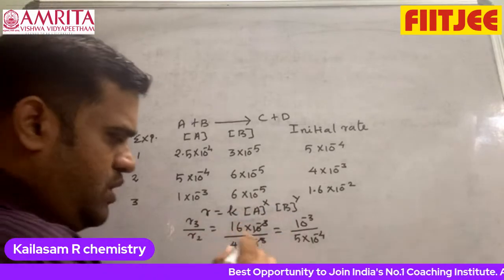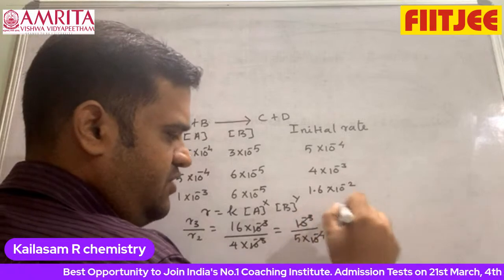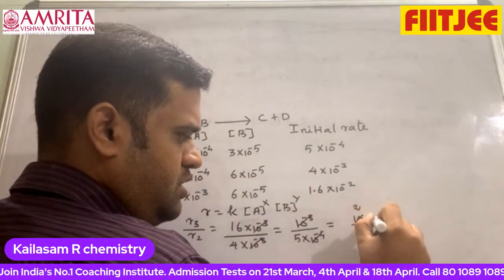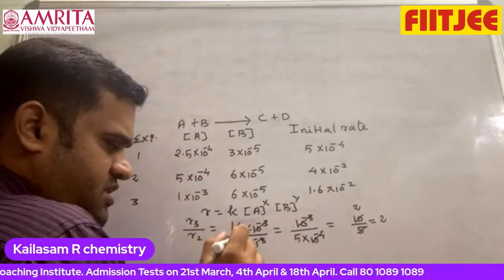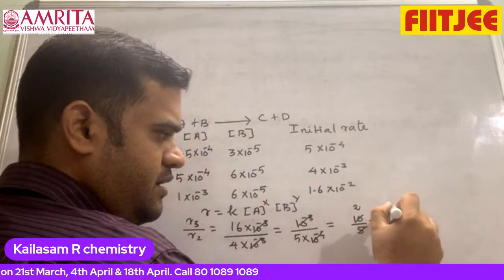Now 10 by 5. 10 by 5 is what? 2 is equal to 2. Now this is nothing but, I can write 2 power x.